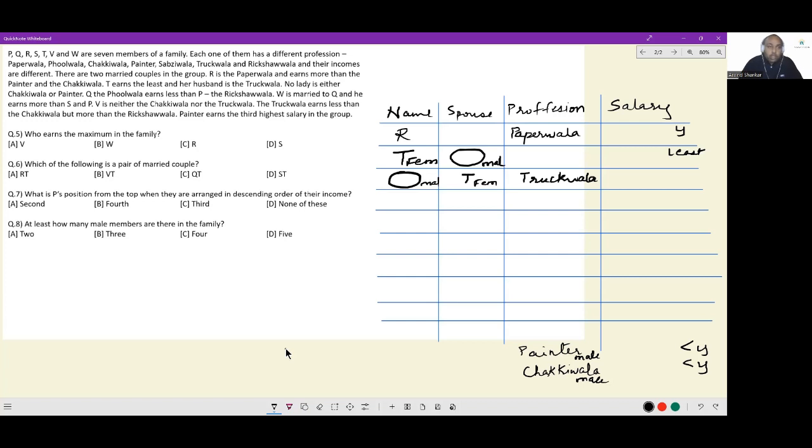Q, the phool wala, earns less than P, the rickshaw wala.